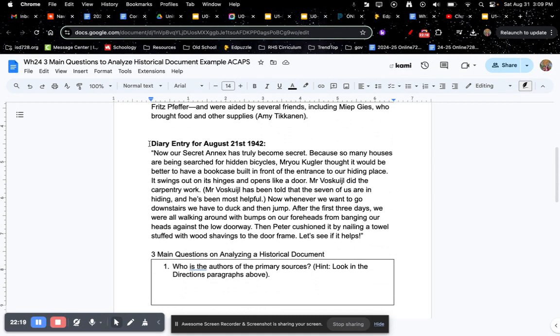So here's the diary entry from August 21st, 1942. Now our secret annex has truly become secret, because so many houses are being searched for hidden bicycles. Mr. Kugler thought it would be better to have a bookcase built in front of the entrance to our hiding place. It swings out on its hinges and opens like a door. Mr. Vossen did the carpentry work.